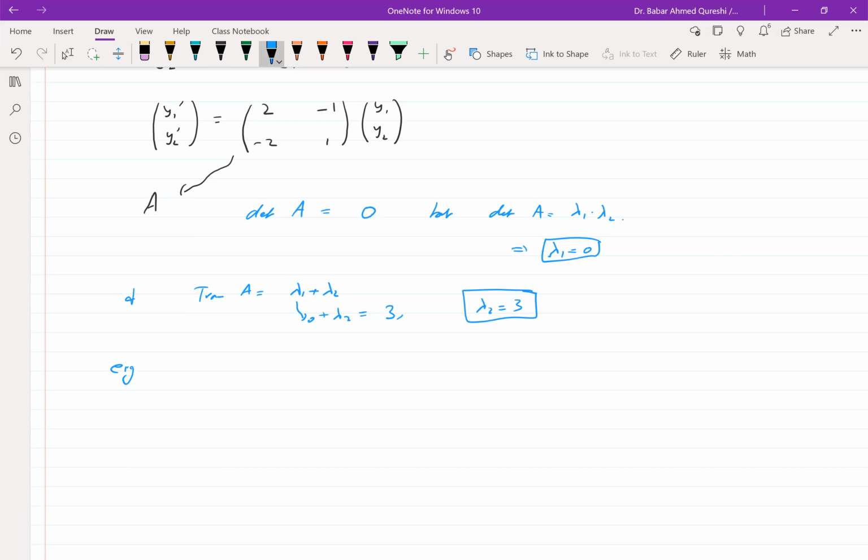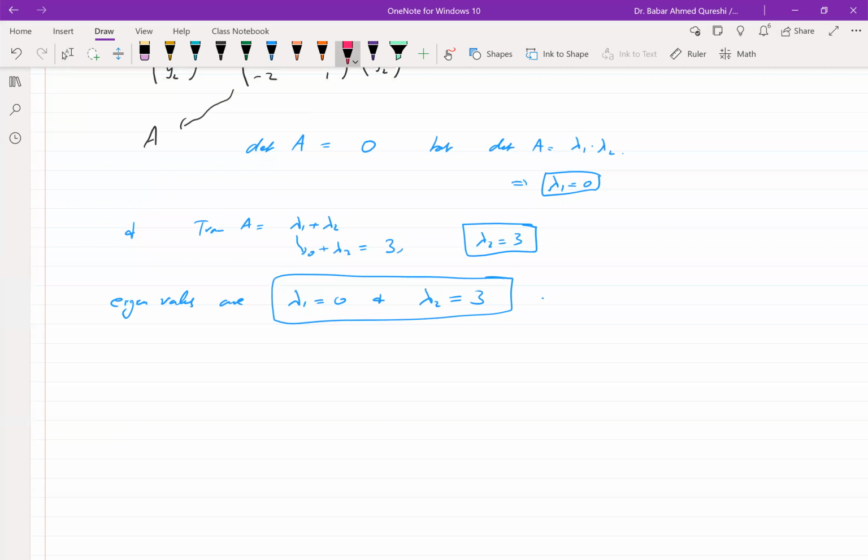So the eigenvalues are lambda 1 equal to 0 and lambda 2 equal to 3. Then the eigenvector x1 with eigenvalue lambda 1 equal to 0 is just the vector which gives you, when you act with this matrix, some unknown.